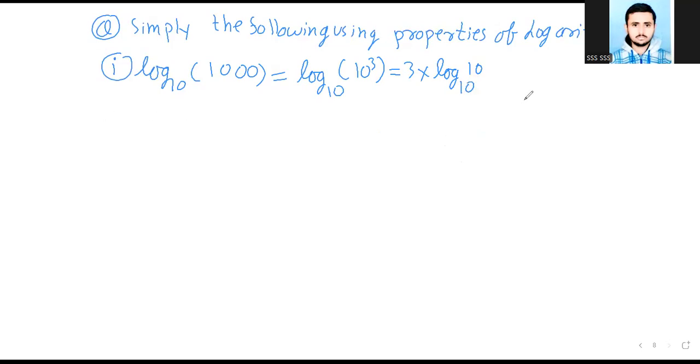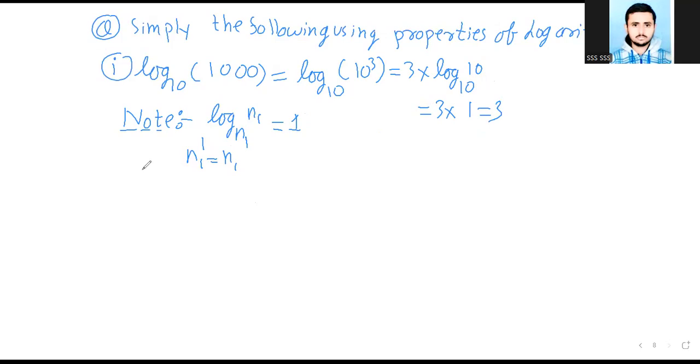Now, you have log 10 to the base 10. We will be introducing any small formula as and when we require it. So we will note that log of a number n1 to the same base n1 is always equal to 1. This is because n1 raised to the power 1 is also n1. So here argument and base are the same. So we can say 3 into 1 is equal to 3.